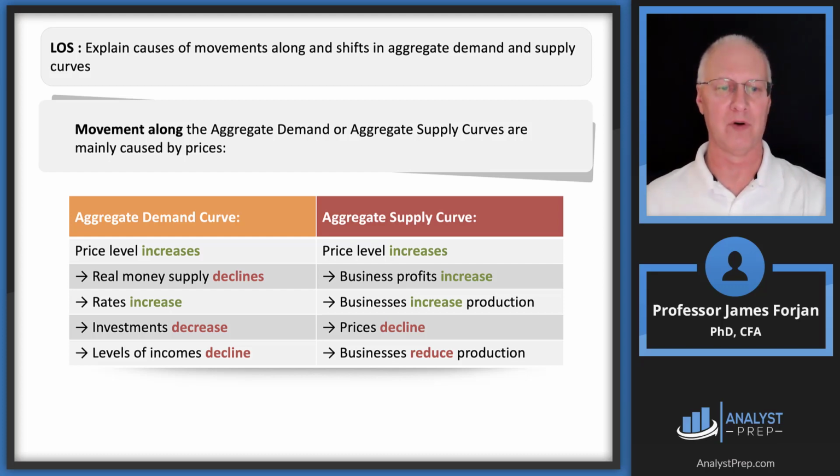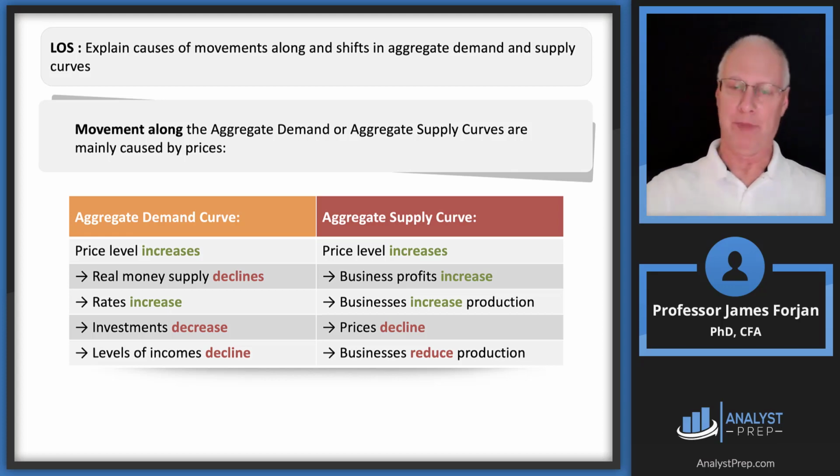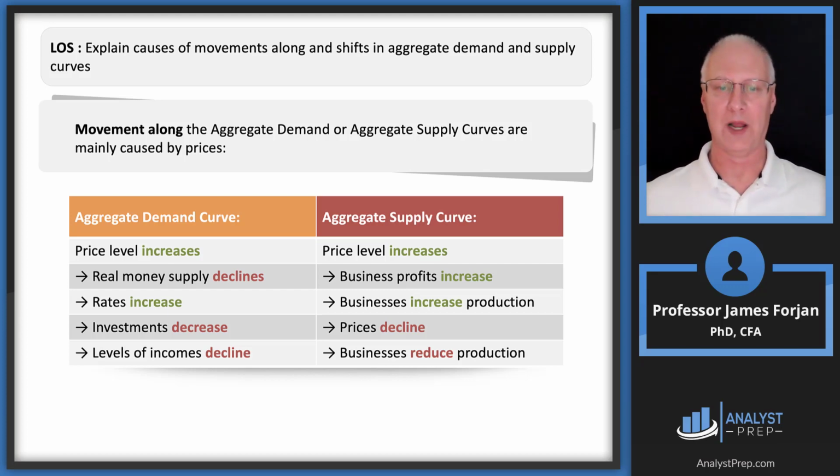As the price level increases, so as the price goes from $2.40 a gallon of gas to $4.50 a gallon of gas, then the real money supply declines, right? Because of that increase in inflation, interest rates are going to increase based on what I said earlier. That means that firms will find fewer and maybe no positive net present value projects. So investments decline.